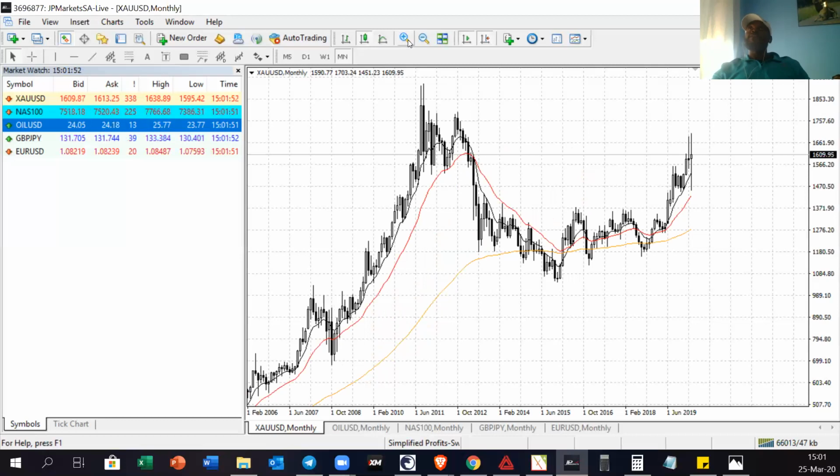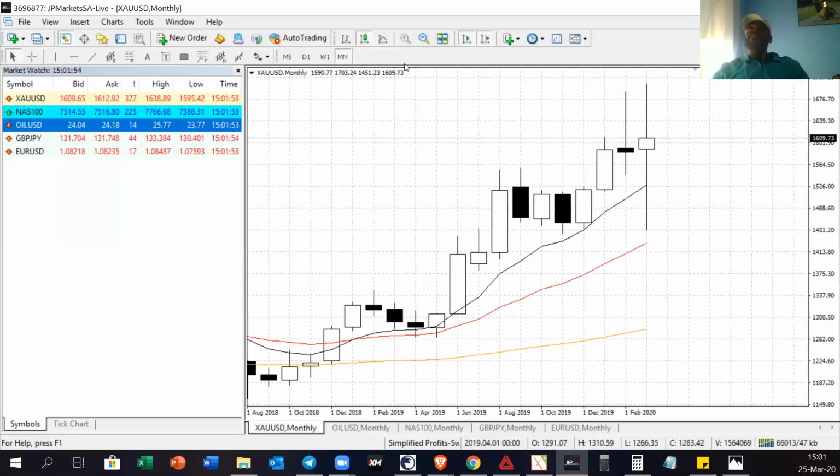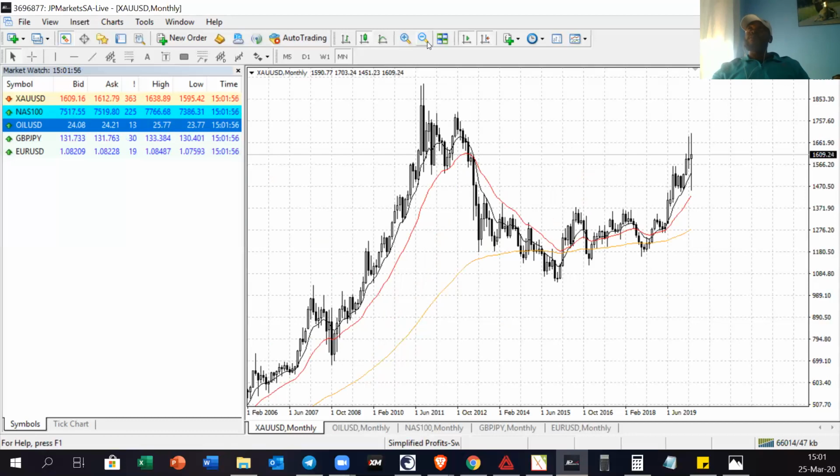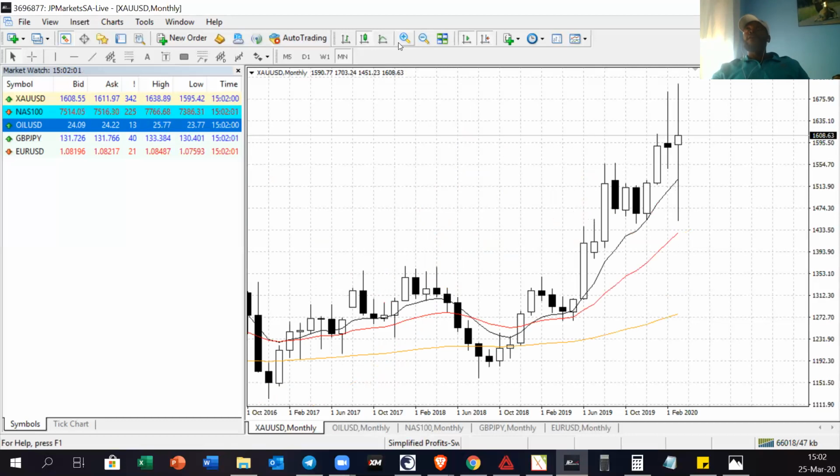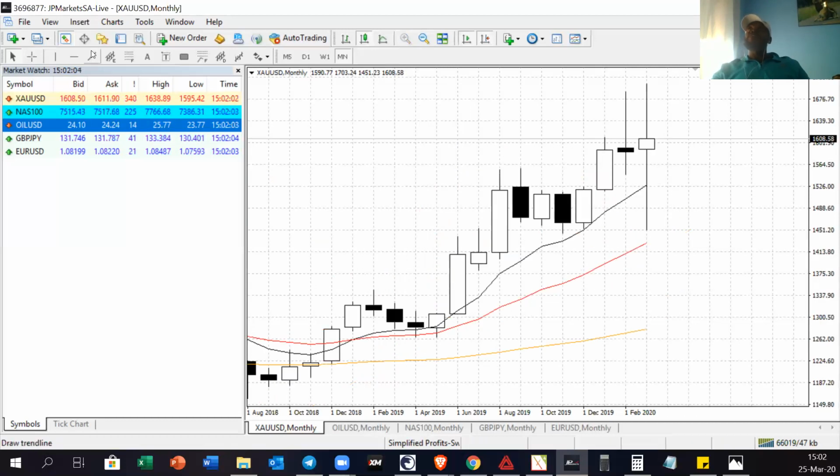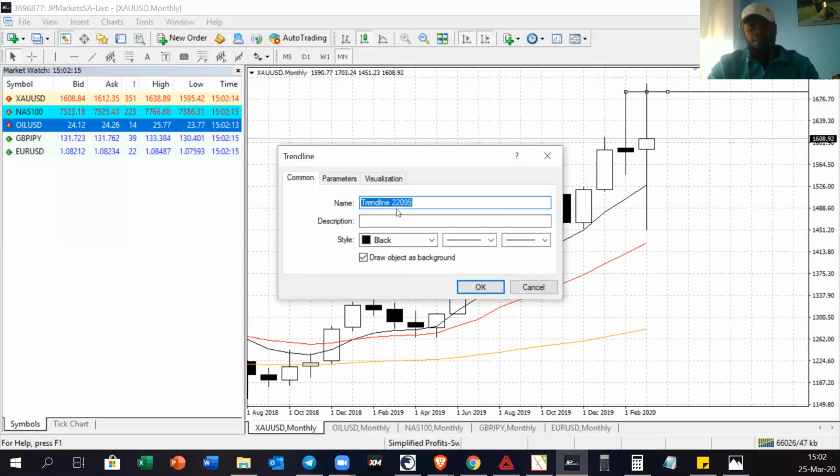So the first thing that I like to do is identify the extremes. I've identified the trend, and right now I've zoomed into last month, and I'm going to identify last month's high. That is the previous month's high. Now this is how I analyze charts every single day.